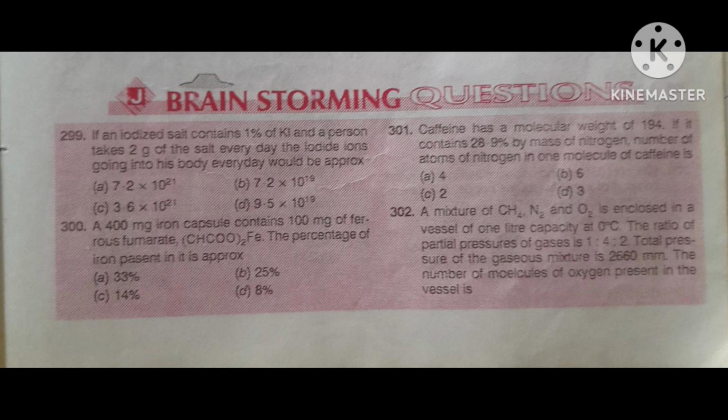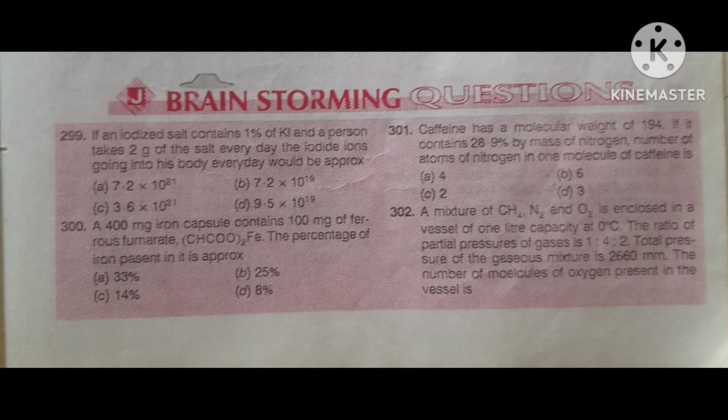So the iodide ion is 1.2 into 10 to the power minus 4 mole, and we multiply by the Avogadro number, 6.02 into 10 to the power 23. Multiplying 1.2 into 10 to the power minus 4 into 6.02 into 10 to the power 23, you will get 7.2 into 10 to the power 19.